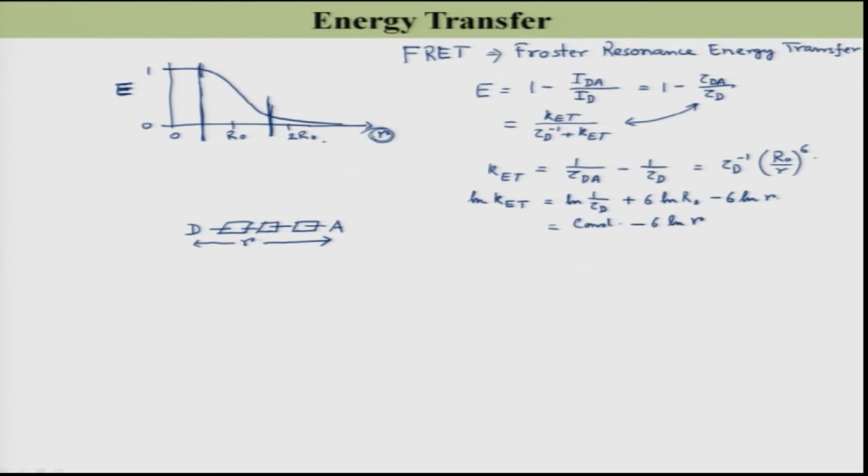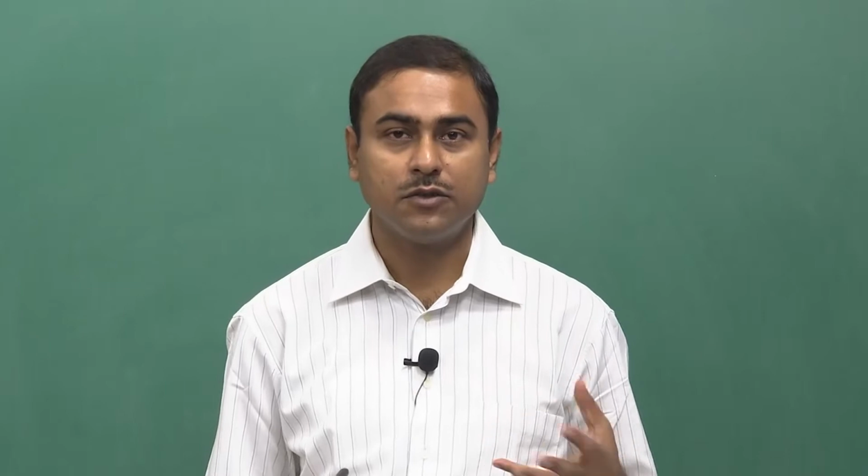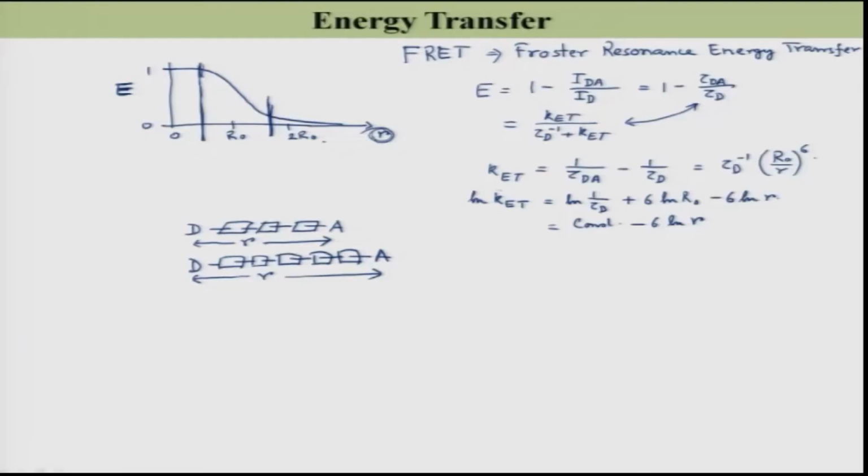It means that for such a molecule, if you can vary this distance, suppose you have prepared one like this and then you have prepared another like this, and you know in organic chemistry synthesis somehow you know what this R is, and you can vary R as per your desire, and for each molecule you are going to measure this k_ET. How do you measure this k_ET? It is easy.